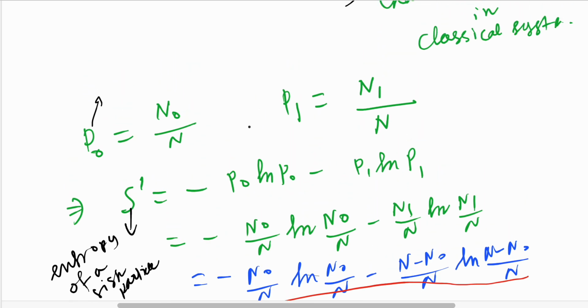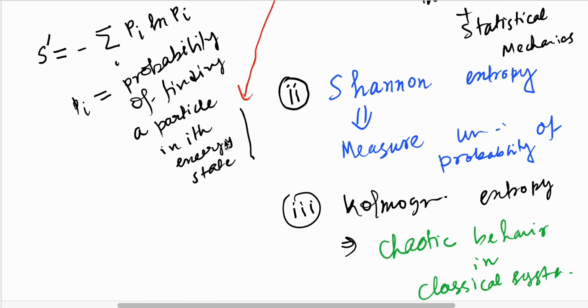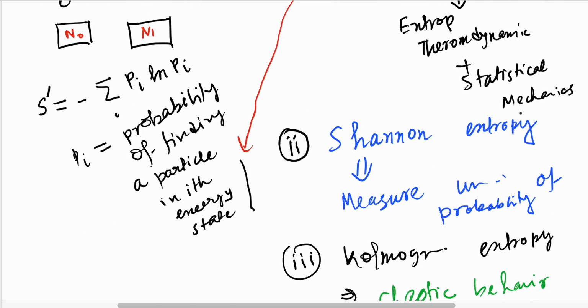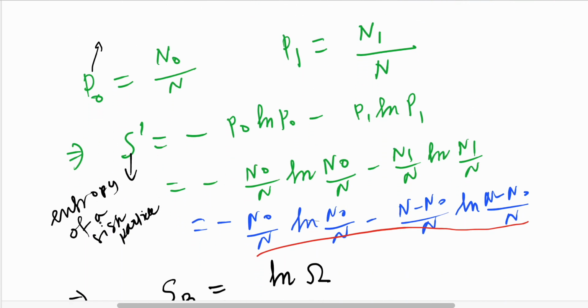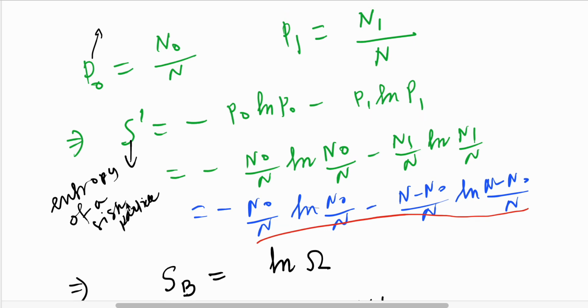As I have said, the Shannon entropy captures the uncertainty. It tells me that if I randomly choose a particle from n particles, it measures how much I don't know about this particle.